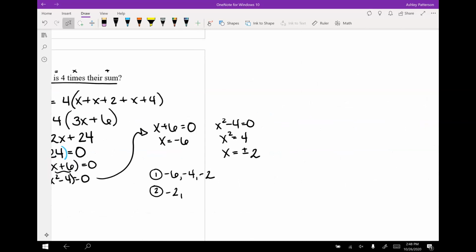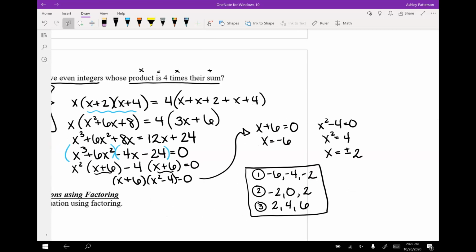Negative 2 plus 2, the next consecutive even integer would be 0, and then 2. And then our last possibility would be 2, 4, and 6. So there are 3 possible scenarios where 3 consecutive even integers have a product that is 4 times their sum. And that's it. If you had graphed it, you would have found that this cubic intersects the x-axis at negative 6, negative 2, and 2.